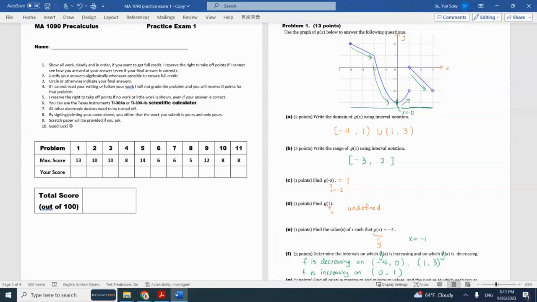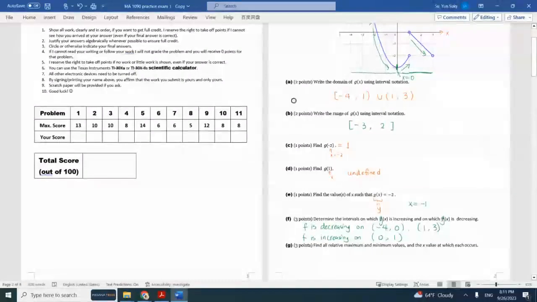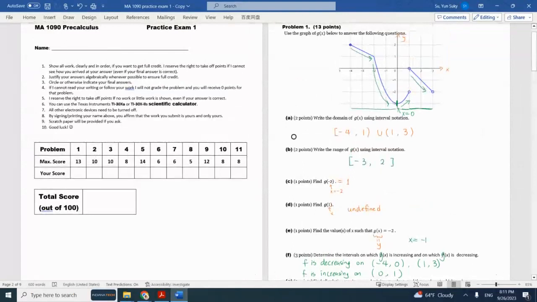Thank you. Okay, next problem. Find all the relative maximum and minimum values and the x values at which each occurs. Okay, so we look at the picture. We start with the left endpoint. Do you see this is a solid circle? So the point is right there. Okay, so then you can see this is a local maximum because it's the highest point for all the x near it.